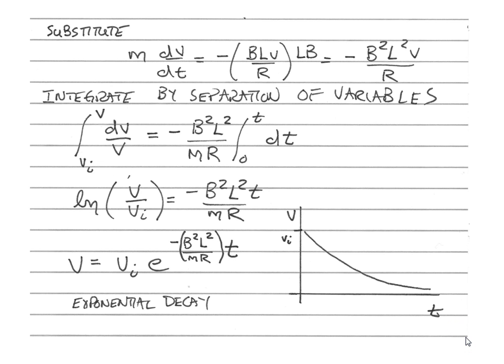So we've just solved this problem of magnetic braking. It's an interesting one to consider. And the important point is that you can solve this by applying Newton's second law and separating variables. And again, the magnetic force is acting on this rod, causing it to slow down.